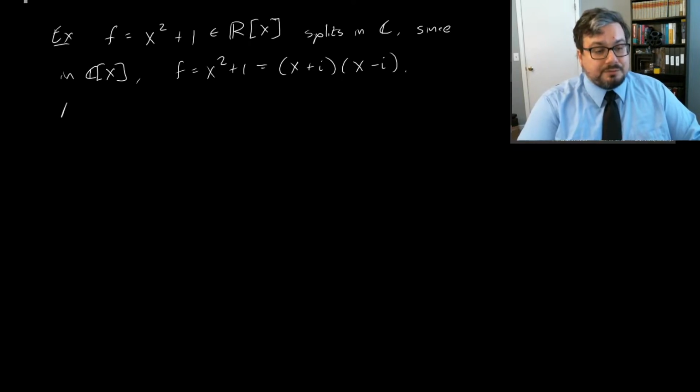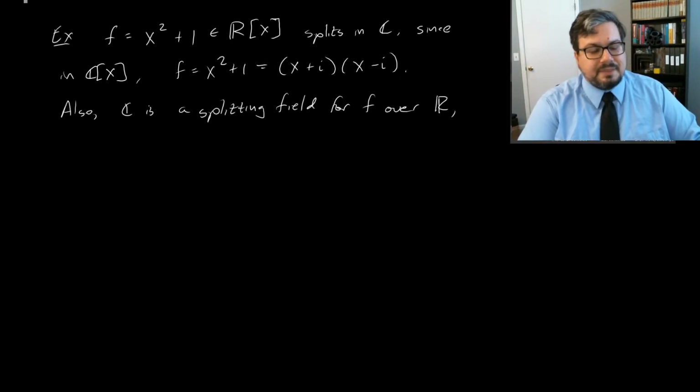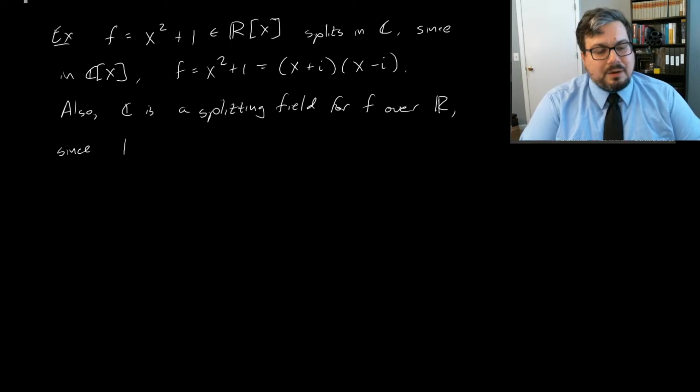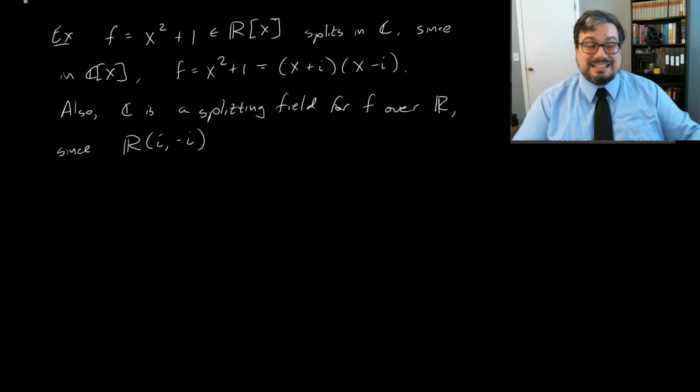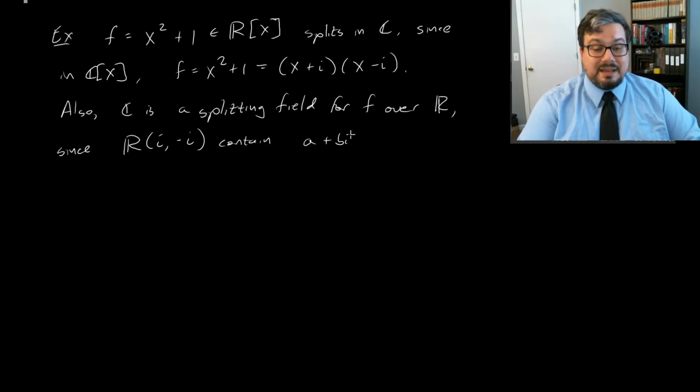Now, also, we have that C is a splitting field for f over the real numbers, since, well, what we have to do basically is show that if we look for the smallest field inside the complex numbers which contains both the real numbers and the roots of f, so that'd be R(i, -i), this must contain a plus bi for all a and b in the real numbers.